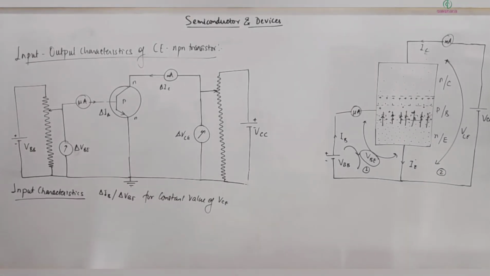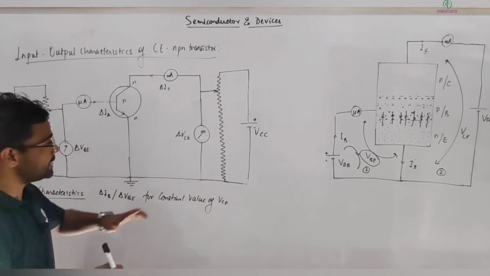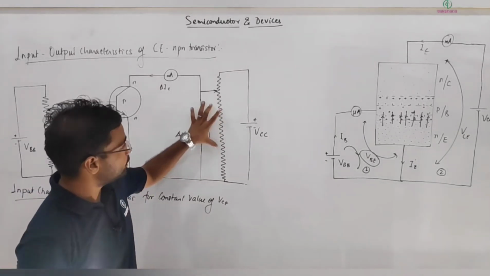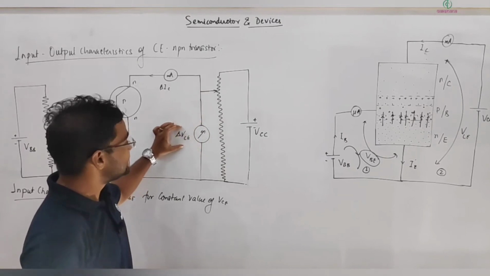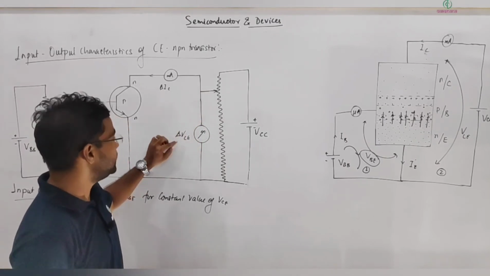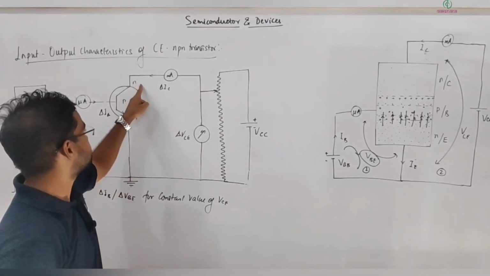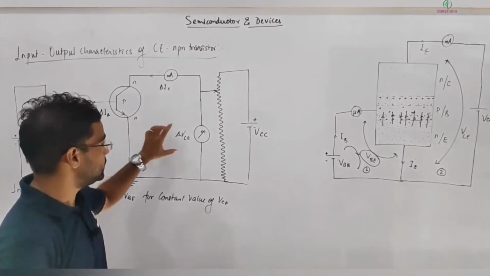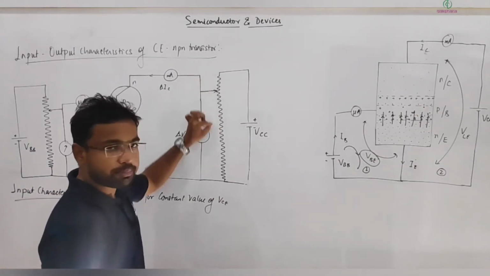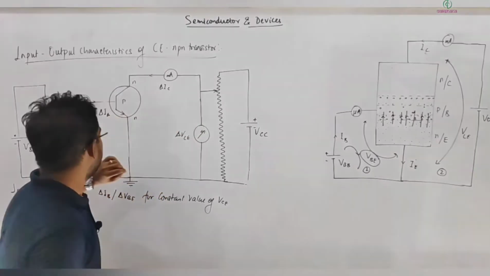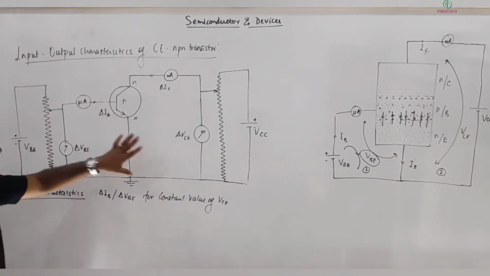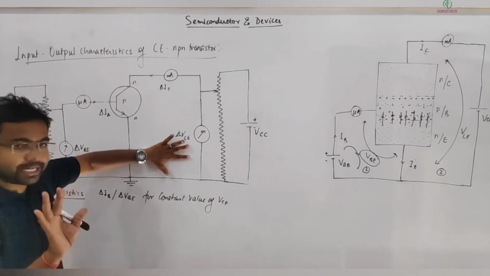Now we are going to see the input-output characteristic, and here I have this rheostat, and one battery is connected here. By moving this rheostat, I can change VCE, the potential drop across the collector-emitter terminal. We set VCE to some value and make it constant for one side.